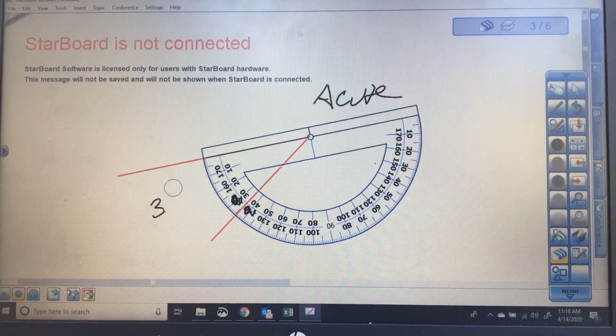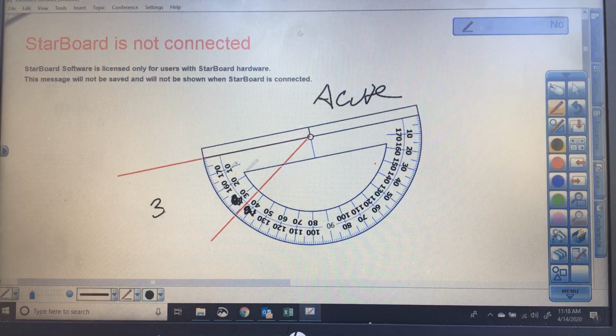I'm not going to write 35.2. I'm going to write 35. Right? I can kind of see it off the line a little bit, but I need you guys to just give me a general idea of, yes, I understand how to use a protractor. Yes, I know what these numbers say. And yes, I can identify the acute angle at 35 degrees.